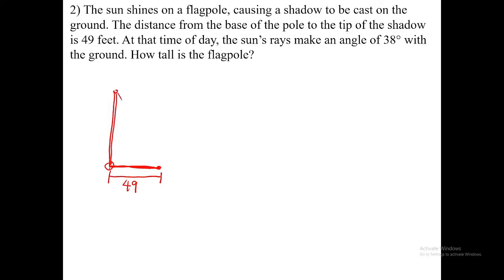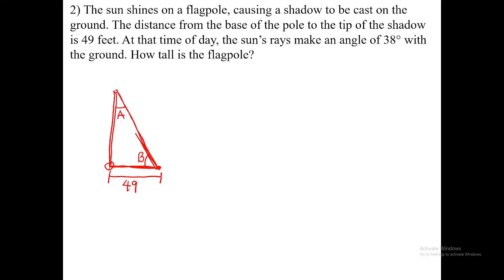Where are we going to put the 38 degrees? So let's make a right triangle here. Where are you going to put 38 degrees? On top, sir? 38 degrees with the ground. Is it this angle, angle A, or angle B? B. Okay.